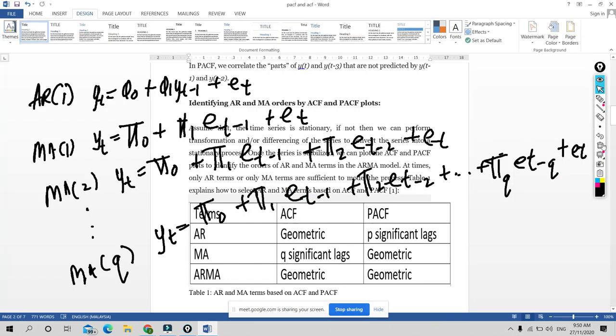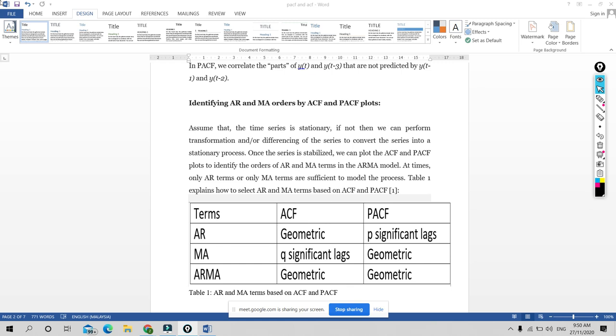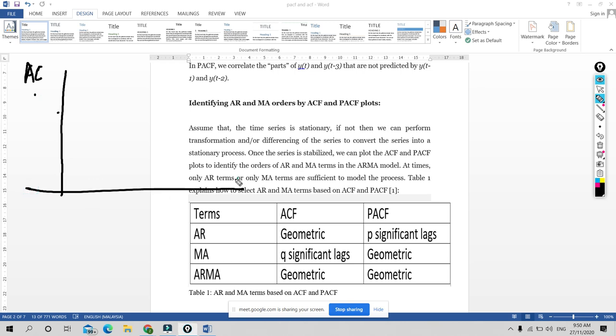So lag 1 here, katakan this is a point of lag 1. The maximum value here is equal to 1.0, cannot be greater than 1.0. Let's say this bar is a bar chart, and here is lag 1.